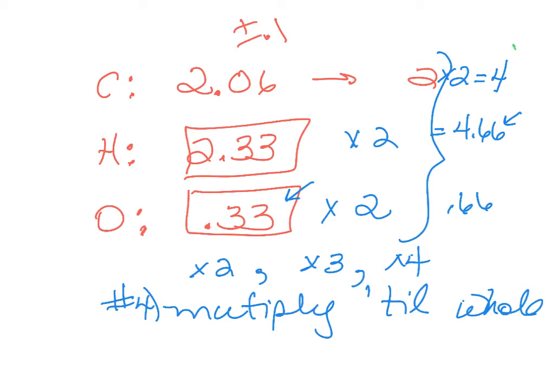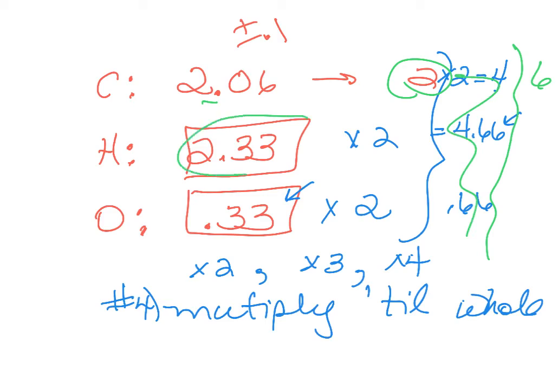So that would, let me do another line here. If I multiplied carbon by 3, of course it's already a whole number, so you're going to keep getting whole numbers. That would mean 6 carbon, right? Now, if I multiply 2.33 by 3, what do I get? I get 6.99. There you go. That is close enough to round.